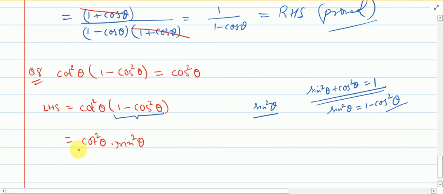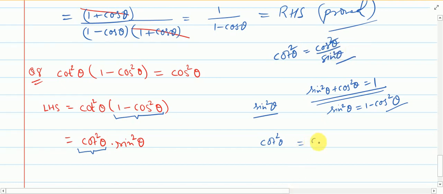Now you see that this cot square theta means, since you know cot theta is cos theta upon sin theta, therefore cot square theta will become cos square theta upon sin square theta.